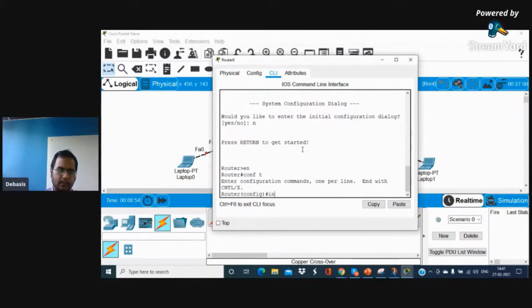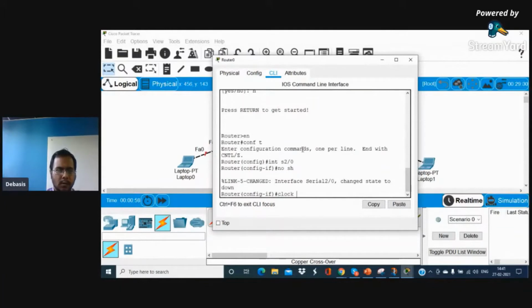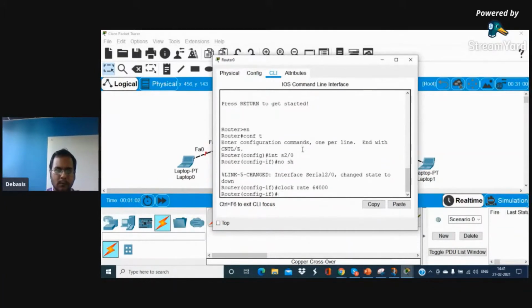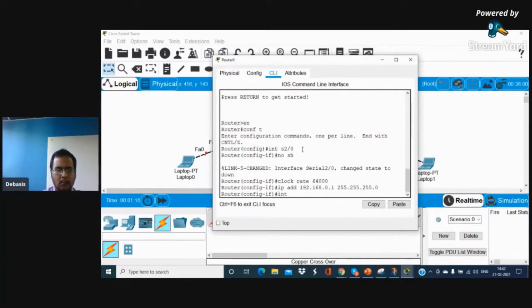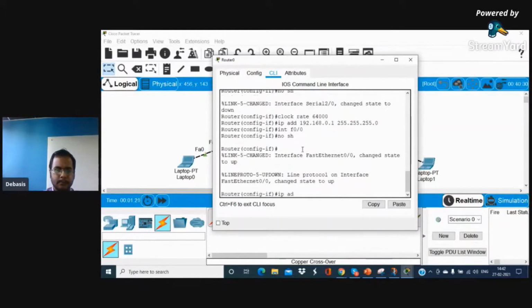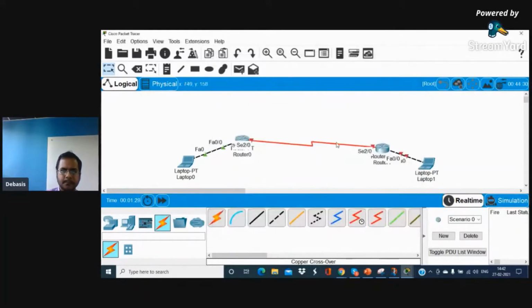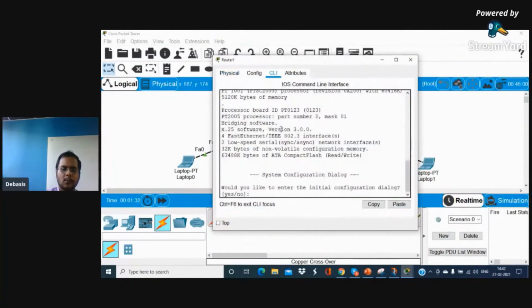Then give the IP address and the clock rate on the DCE port, say 192.168.0.1. And for the FastEthernet port, give the IP address, say 10.0.0.1. Always keep the default subnet mask in the case of static routing.